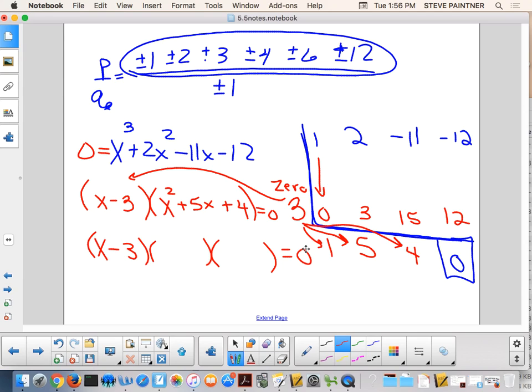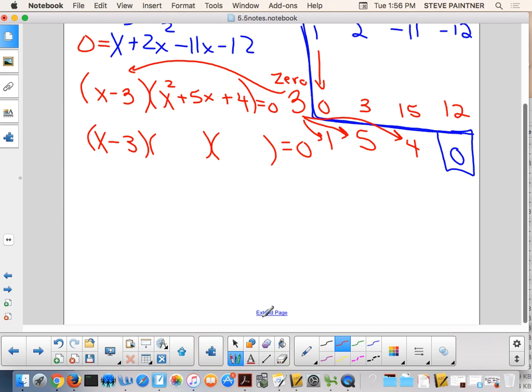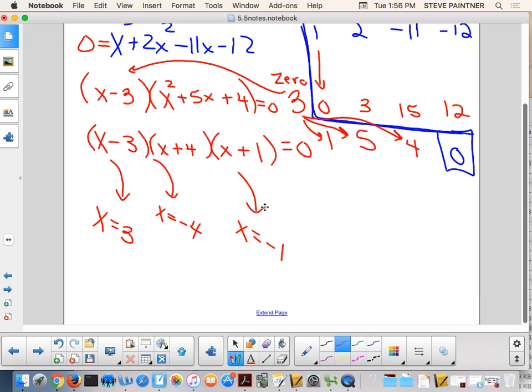Now, here's the deal. Did everybody start with a 3? No. You did a 1? Negative 1. Okay, all right. So you guys could have done it differently here. But if I do it the way this group did it, this factors into x plus 4, x plus 1, which means out comes what? 3, negative 4, and there was a group in the back that told me negative 1 works.